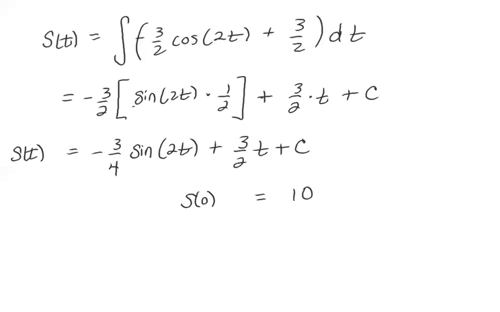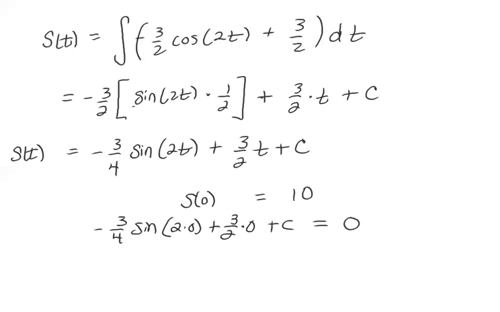S of 0, I'm going to plug in 0 for t in this position function, which gives me negative 3/4 times the sine of 2 times 0 plus 3/2 times 0 plus c. And that all should equal 10.